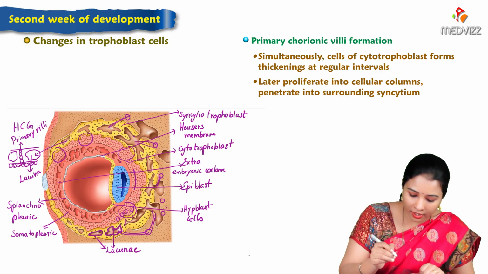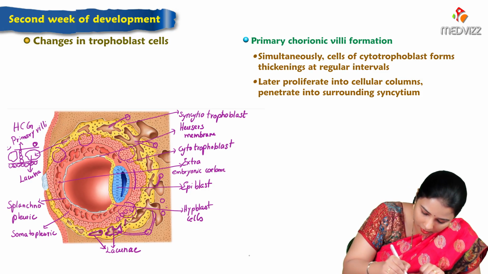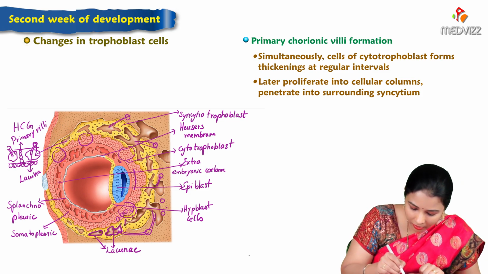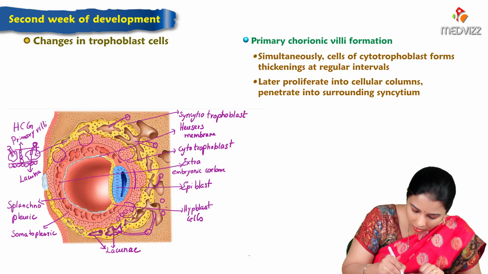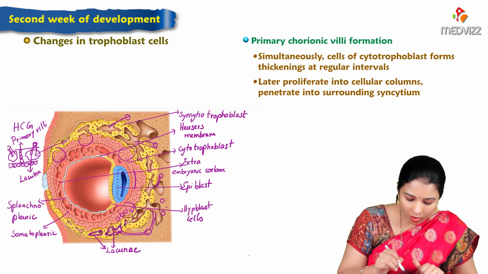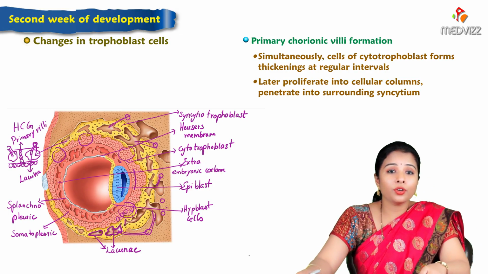Maternal blood, that is uterine arterial blood. So uterine arteries are here within the endometrium, and the uterine arteries pour their blood. So the lacunae are filled with the maternal blood, and these columns of cells are the primary villi, which are formed by the cytotrophoblast. Okay, so these are called primary chorionic villi.